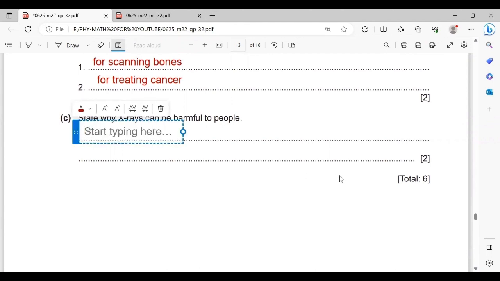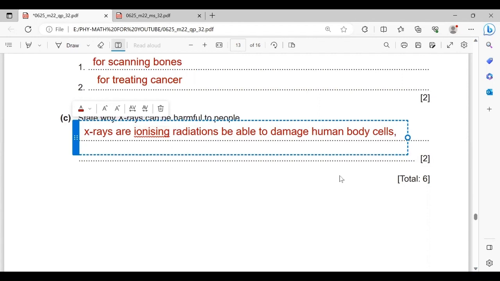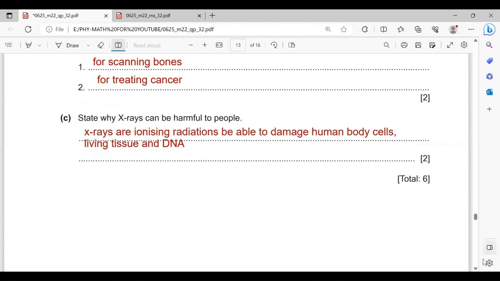Okay, because yeah, actually X-rays are ionizing radiation and be able to damage human body cells, and then living tissue and DNA. What else? Next.